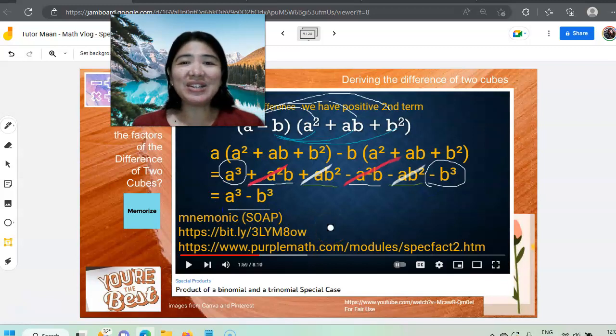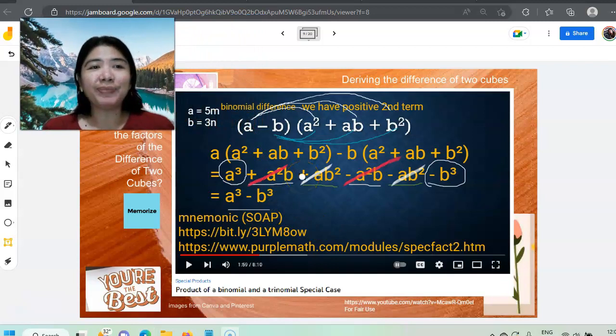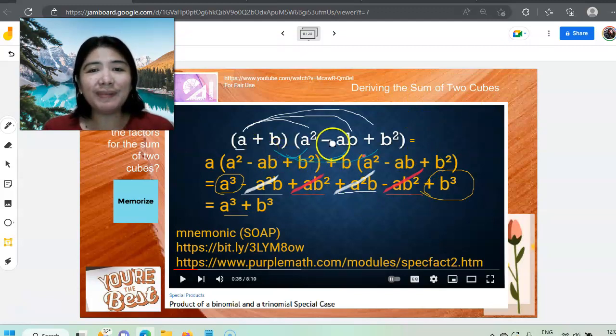Isn't it great? So again, I hope that you would remember the mnemonic in factoring the sum and difference of two cubes: same sign, opposite sign, always positive.